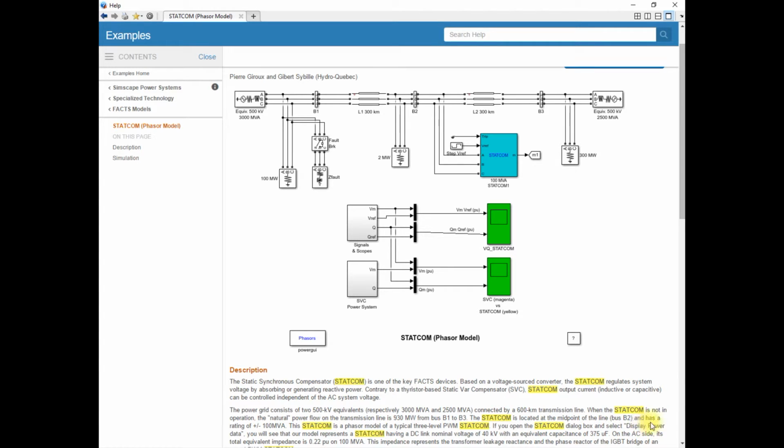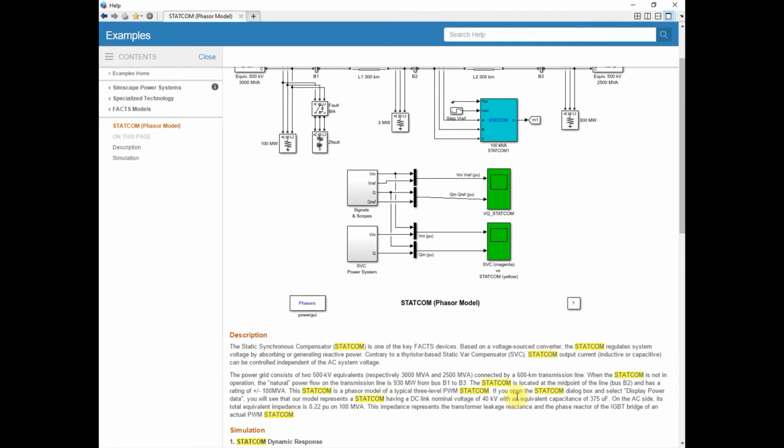The STATCOM is located at the midpoint of the line, at bus B2, where you can see it is connected. This is the STATCOM block, and it has a rating of plus or minus 100 MVA. It means it can inject or absorb 100 MVA power. This STATCOM is a phasor model of a typical 3-level PWM based STATCOM.